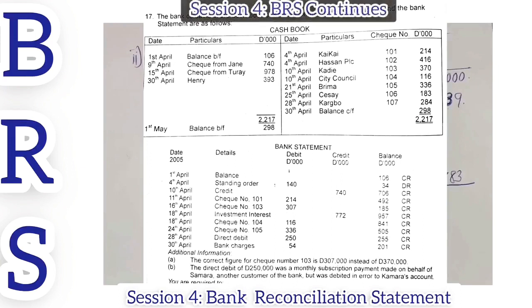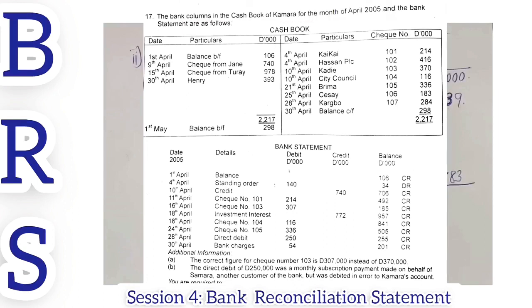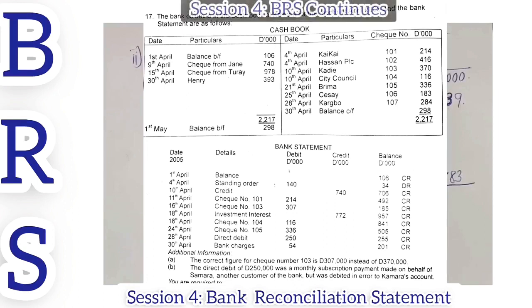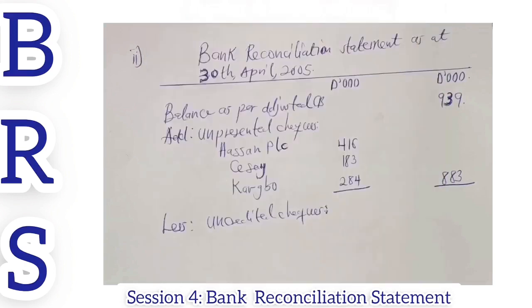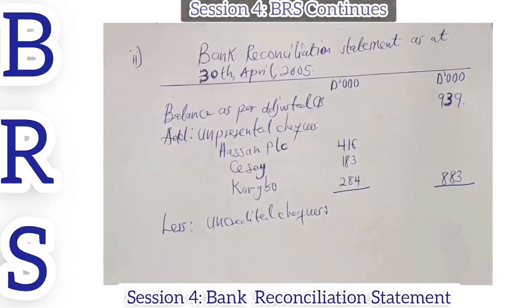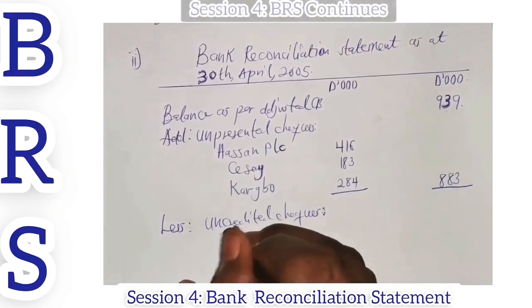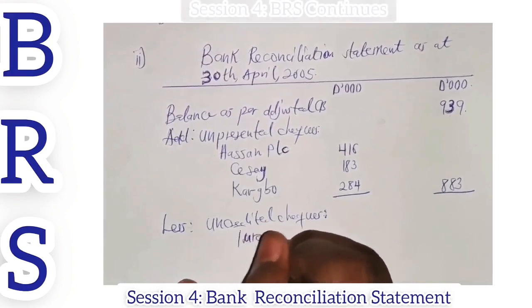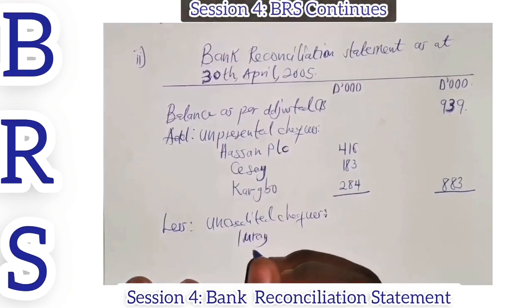Let's check the credit side. It's not there, so Ture's check on 15th April at the debit side is part of the uncredited checks. Then Henry, 393, is also not found on the credit side, so it's also part of the uncredited checks. We are going to record these two uncredited checks, Ture and Henry.